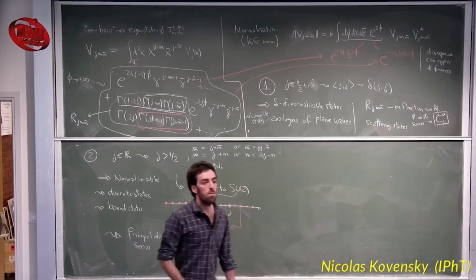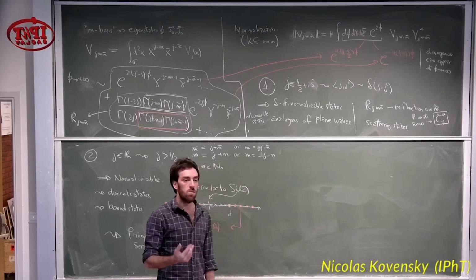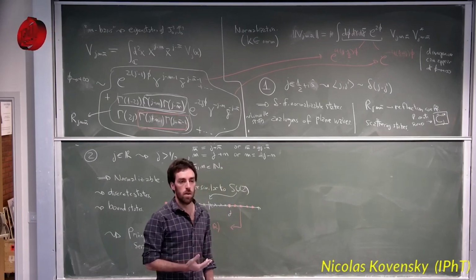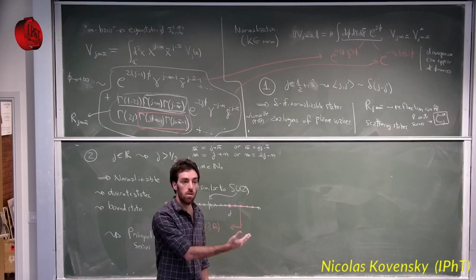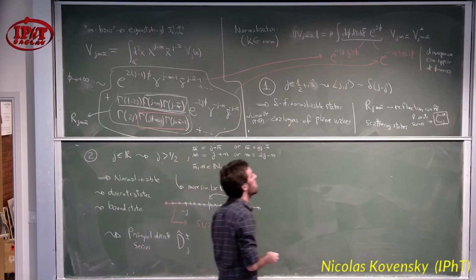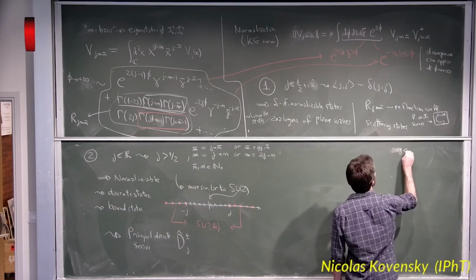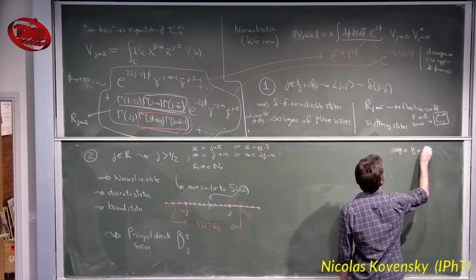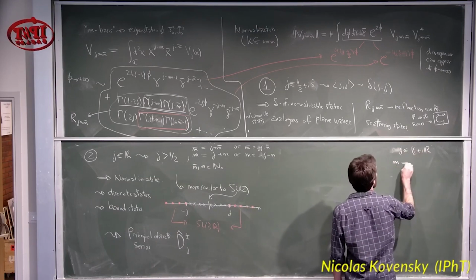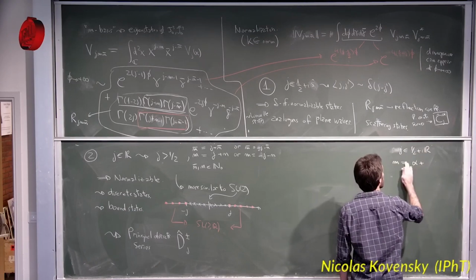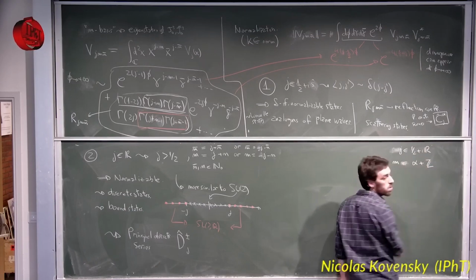Where alpha is some extra index that tells you what are the allowed values for M, which is not related to J. Okay? So in this case, you have some J, which is 1/2 plus IR, and the allowed values for M is alpha plus integral.